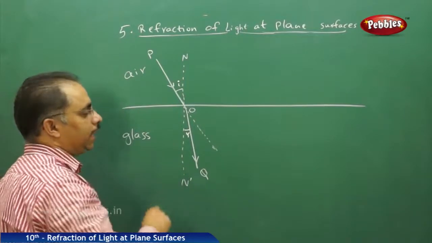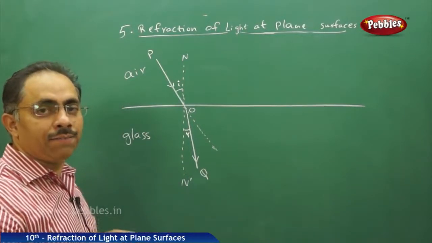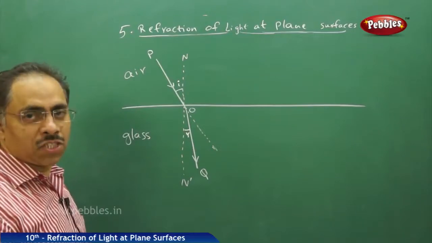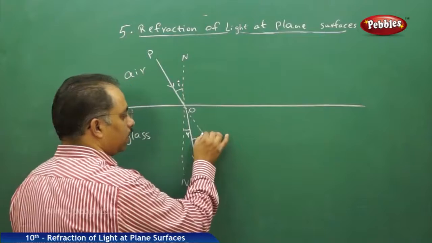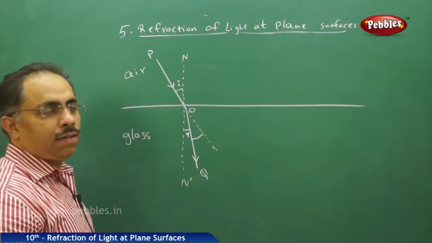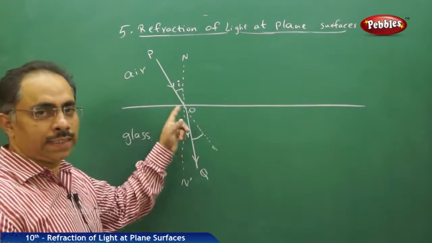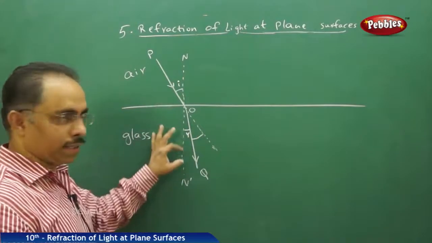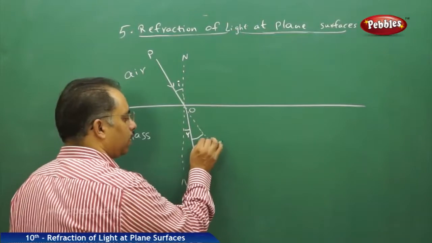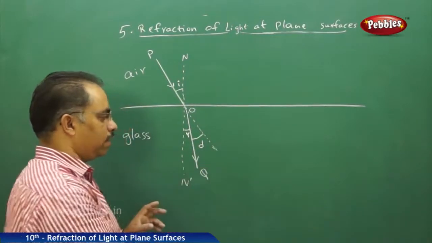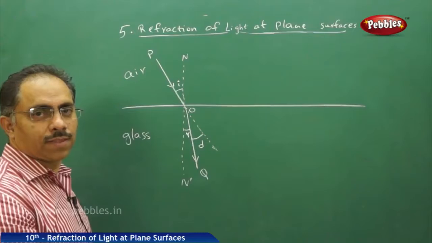So, we can say the light ray is deviating from its path. By how much? To know that, we will measure this angle, the angle between the direction of the original incident ray and the refracted ray. We will call this the angle of deviation, denoted by D.